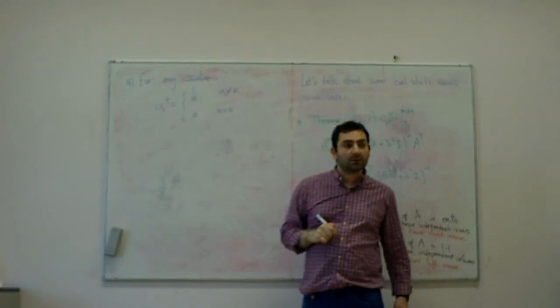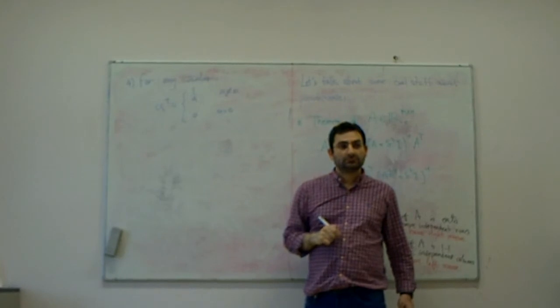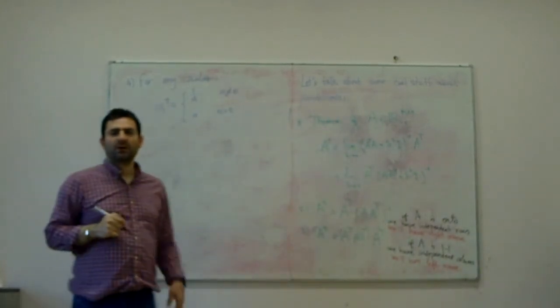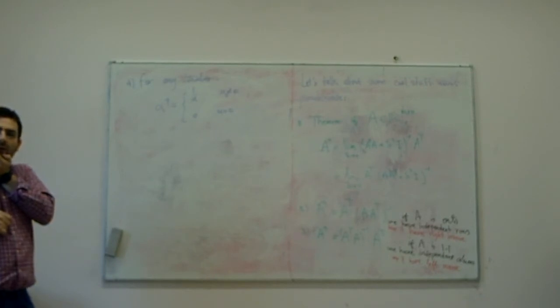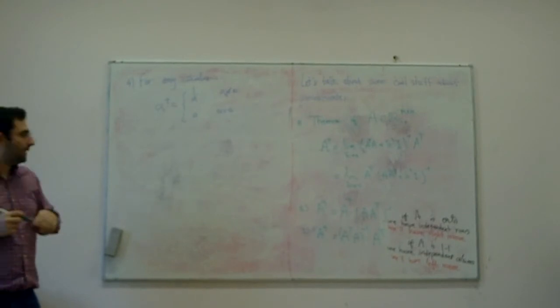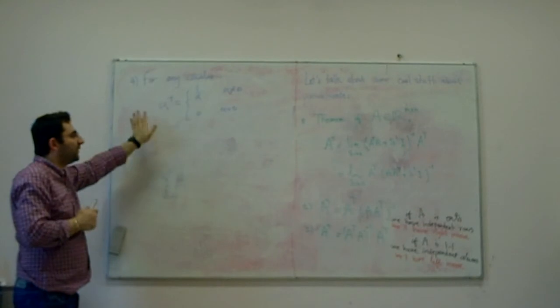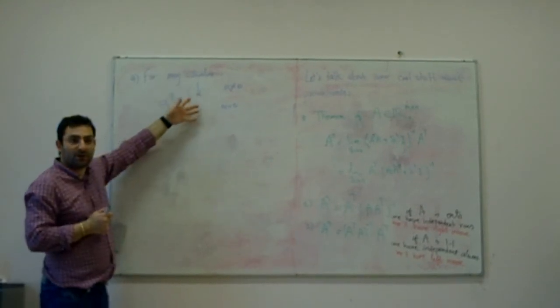Why should it be 1? Because the inverse of 5 is 1 over 5. No, we don't want the 1 there, because in general it should be infinity, it should be undefined.